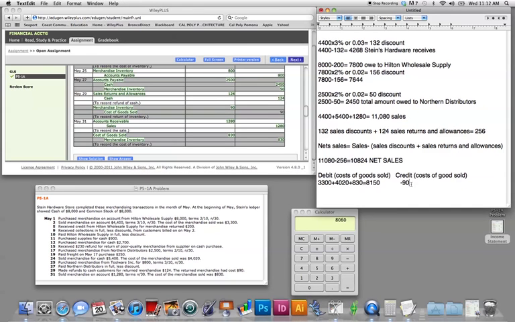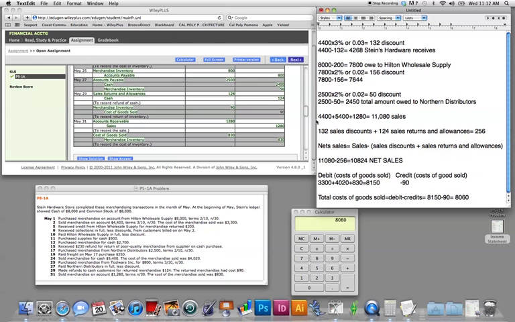So our total cost of goods sold equals debit minus our credits, which equals $8,150 minus our credits of $90, and that would equal our total cost of goods sold.